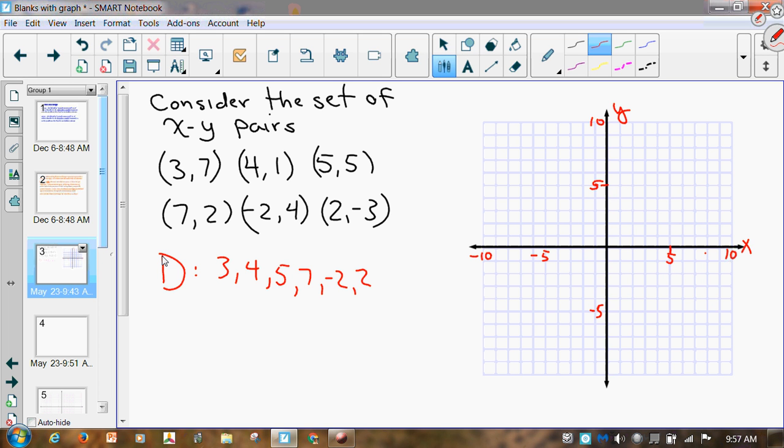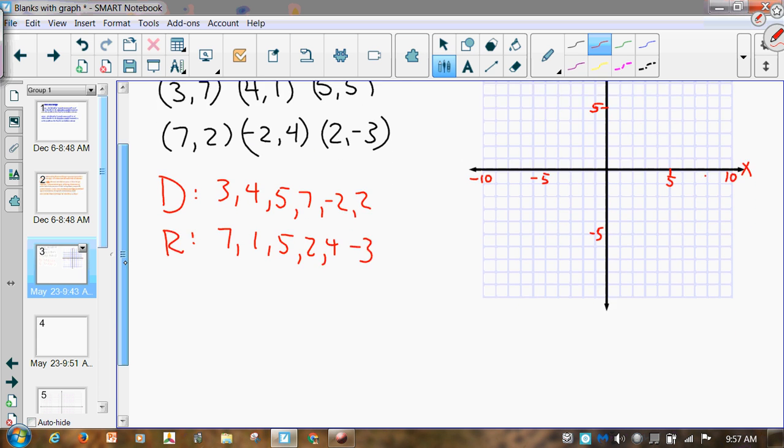Okay, there's no repeats here. Okay, and then the range would be the y values: 7, 1, 5, 2, 4, and -3. Now, this is just a listing of the numbers.